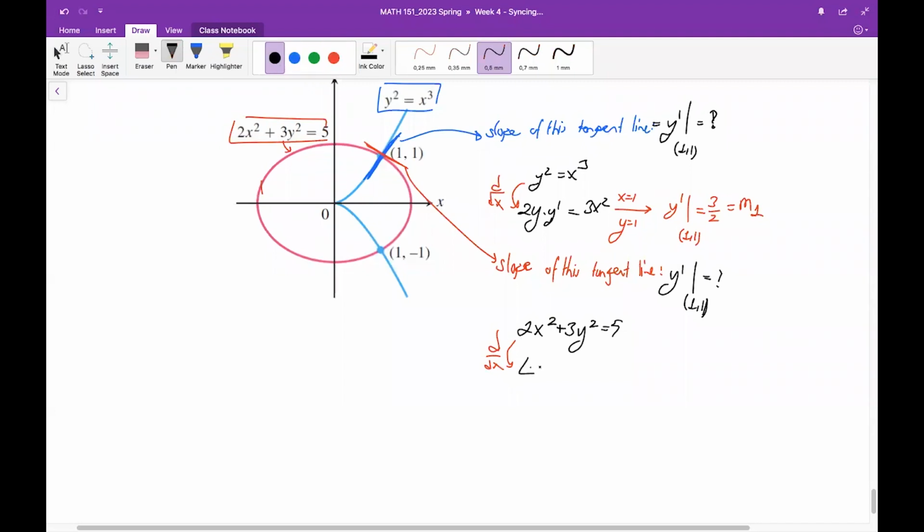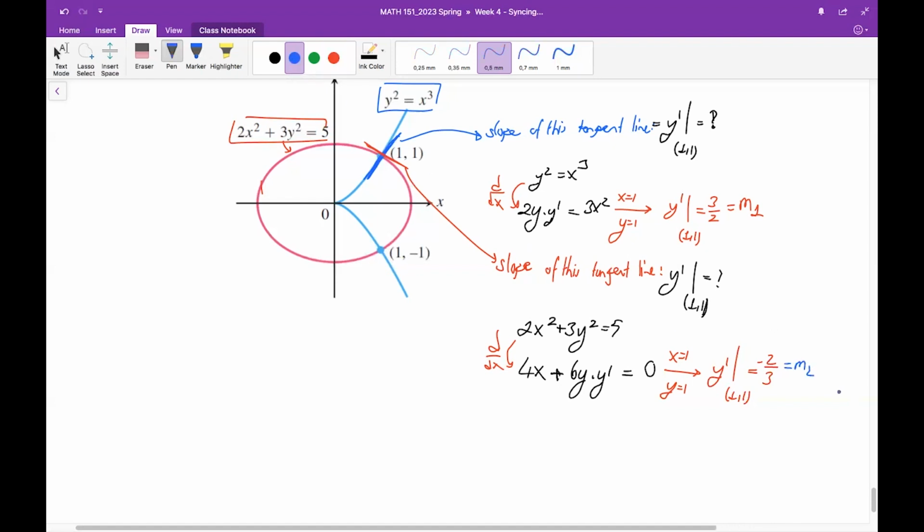So 4x is the derivative of the first expression, plus 6y times y prime is the derivative of the second expression, and the derivative of 5 is just 0. Now it's time to insert the indicated point where x is 1 and y is also 1. If you insert this, you will find the first derivative at the point (1, 1) as -2/3. Let's call this m2.